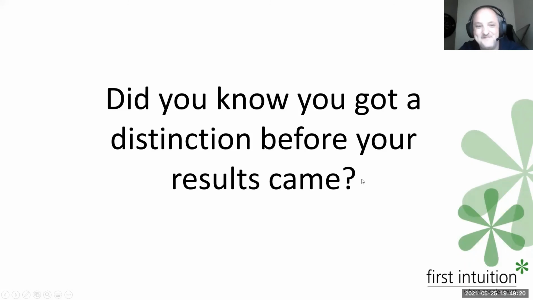That kind of leads us on, actually. Did anybody know they were going to get a distinction before they got the results? Sometimes, some exams, I think particularly at the lower level. So I know, when I was doing level 2, I don't mean this to sound big-headed, but literally the first module I did at level 2, I got 98%, and I was really disappointed because I was convinced I'd got 100%.